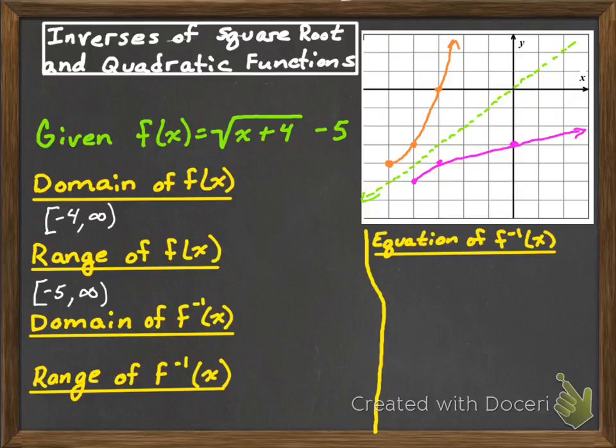So what is the domain for this orange graph, which is our inverse? Well, the domain would be from -5 right here, from -5 to infinity. And the range would be the y value, which is -4 to infinity.